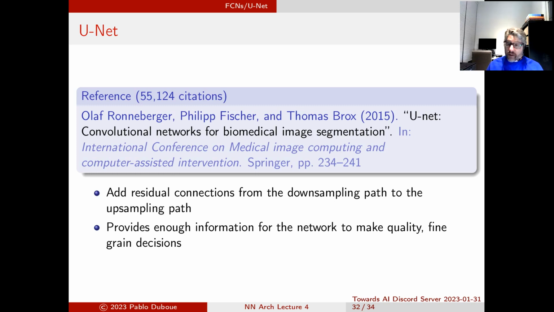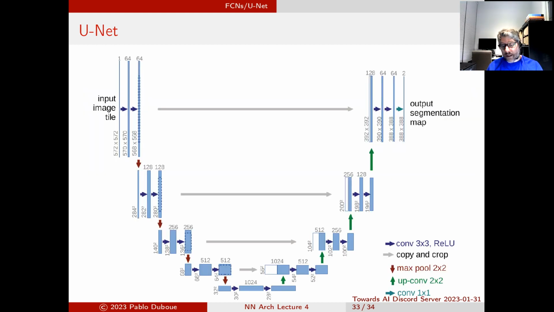Well, they published this UNet as an application of the FCNs for very specific medical imaging segmentation, in a conference on medical imaging computing. However, what they were doing is a missing piece of the puzzle to make the FCN architecture work, that is to add residual connections from the downsampling path to the upsampling path. And this provides enough information for the network then to make quality fine-grained decisions.